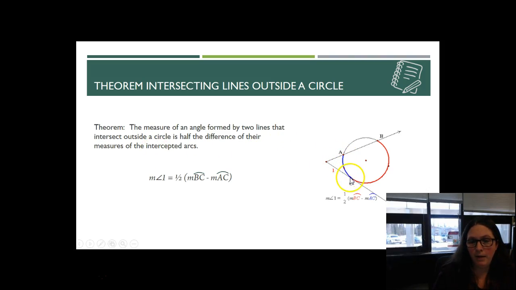If we look again here, this arc is intercepted from A to C and from C to B. In order to calculate the measure of angle 1, we would take the measure of arc BC, subtract the measure of arc AC, and then divide that number in half. That will give us the measure of angle 1.